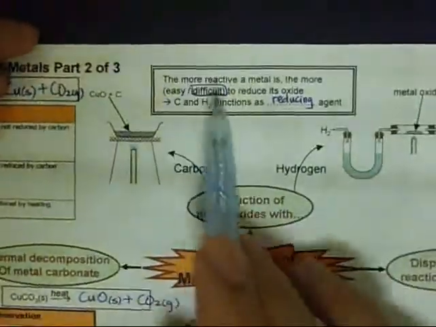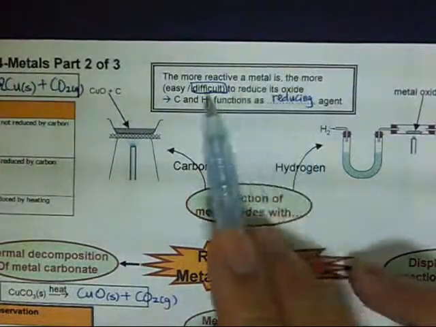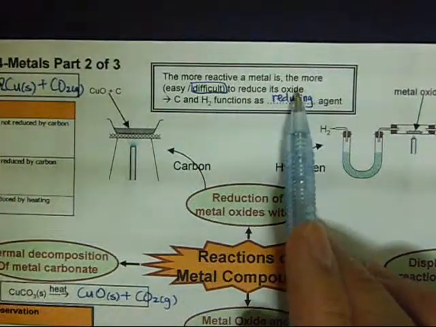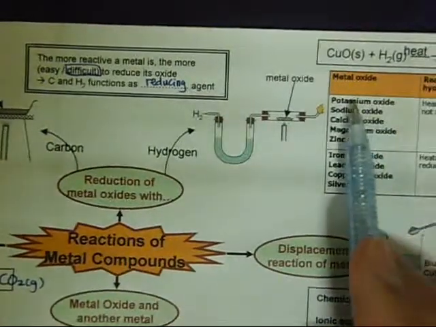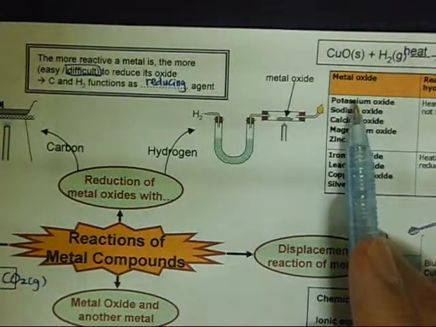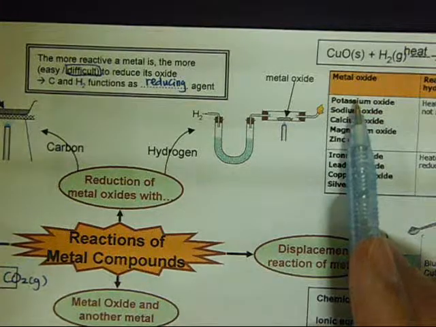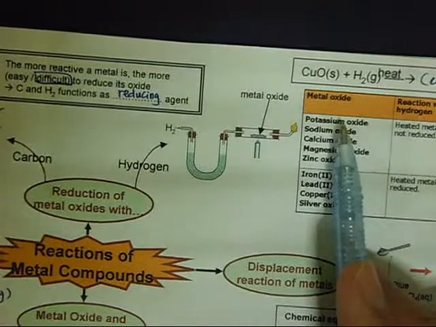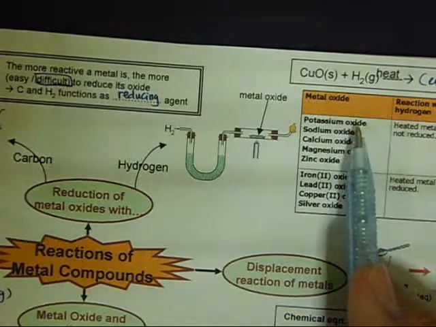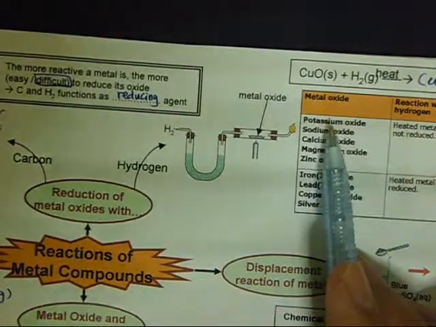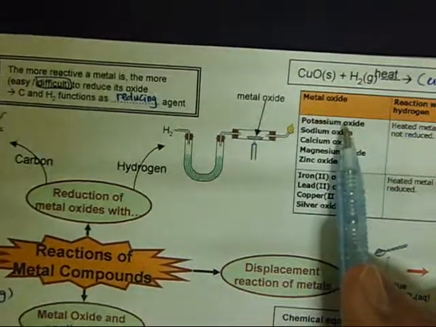Over here, the more reactive a metal is, the more difficult it is to reduce its oxide. An example, potassium oxide. Potassium is very reactive, therefore it is very difficult to reduce its oxide, to separate potassium from oxygen, because potassium is too reactive and it will bond very strongly with the oxygen.